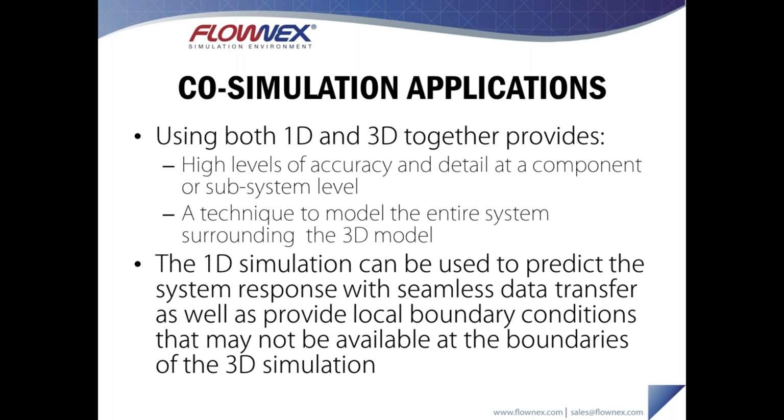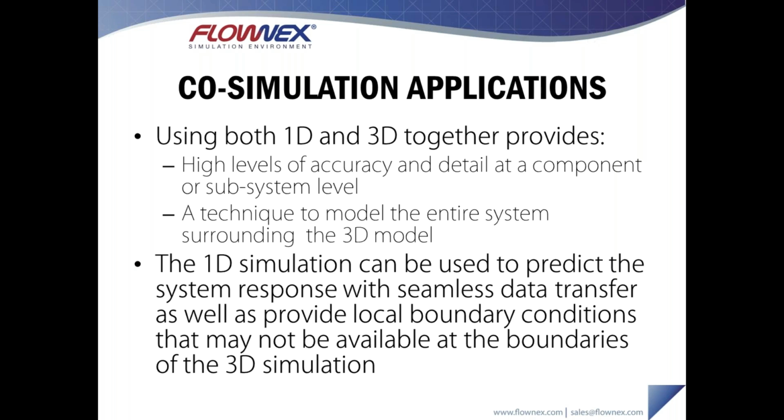So in this environment, we're looking at using flow network modeling tools for one-dimensional flows with very well characterized components, and CFD for geometries that have not been characterized, or geometries that require very detailed results for analysis afterwards.